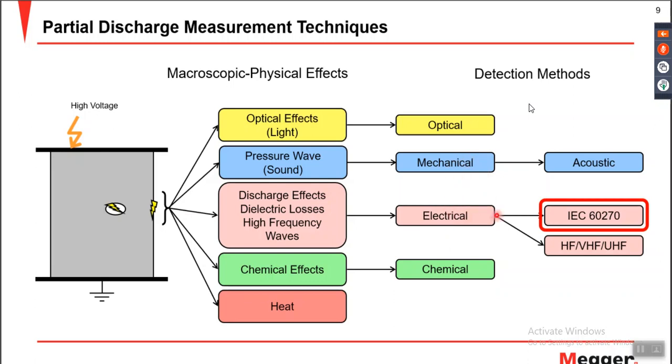When we talk about electrical measurement, there are two ways: one is IEC 60270, which is the conventional way of measurement, and another is radio frequency measurement, which can be in high frequency or very high frequency, and in the case of GIS, it is almost ultra high frequency. Another way to perform the measurement is by means of acoustic sensors, which is a mechanical way of measuring partial discharges. We will see more on these topics in the upcoming slides.